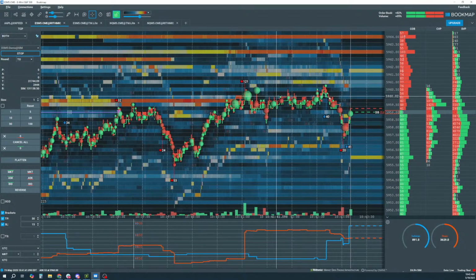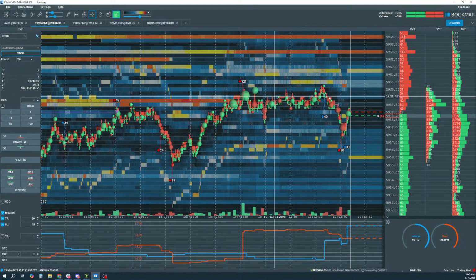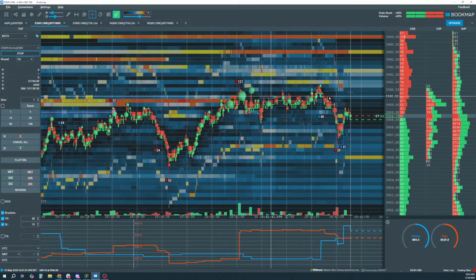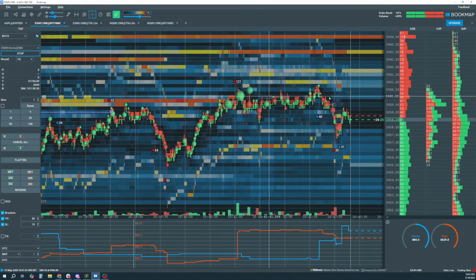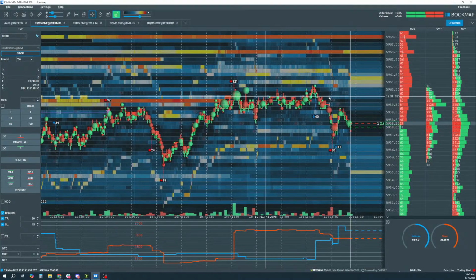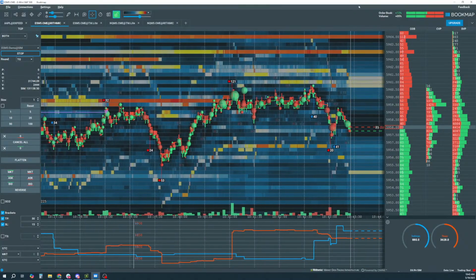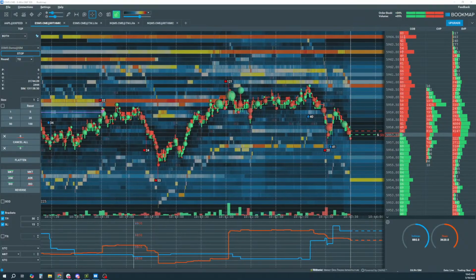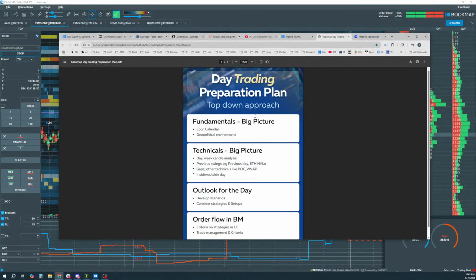So the first thing that you need is to know that it works, that your setup works. Now the setup here for us, we're looking at this kind of top-down, bigger picture approach by looking at our preparation plan here. Now, this is such a basic plan.